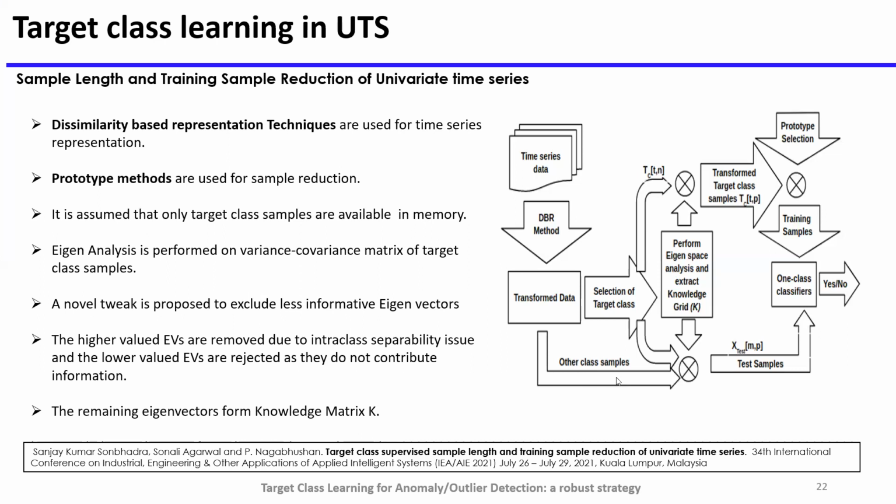At the same time, if a DBR technique is employed, we can transform the data into some vector representation, and we must choose the target class first, assuming that only the target class samples are available, and the samples of other classes are treated as anomalies. At the same time, the computation of the eigen knowledge matrix is needed so that we can learn the features.